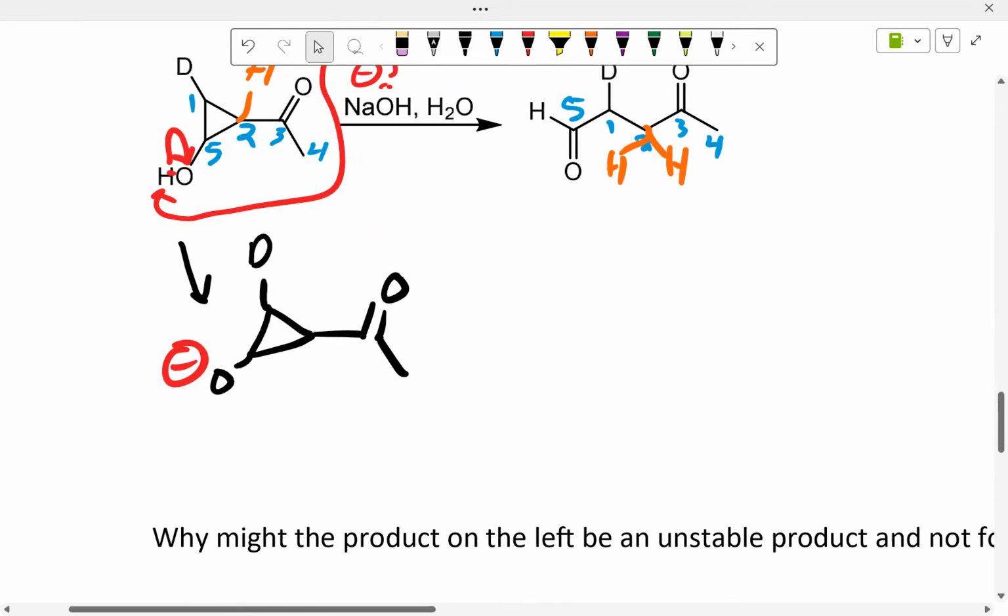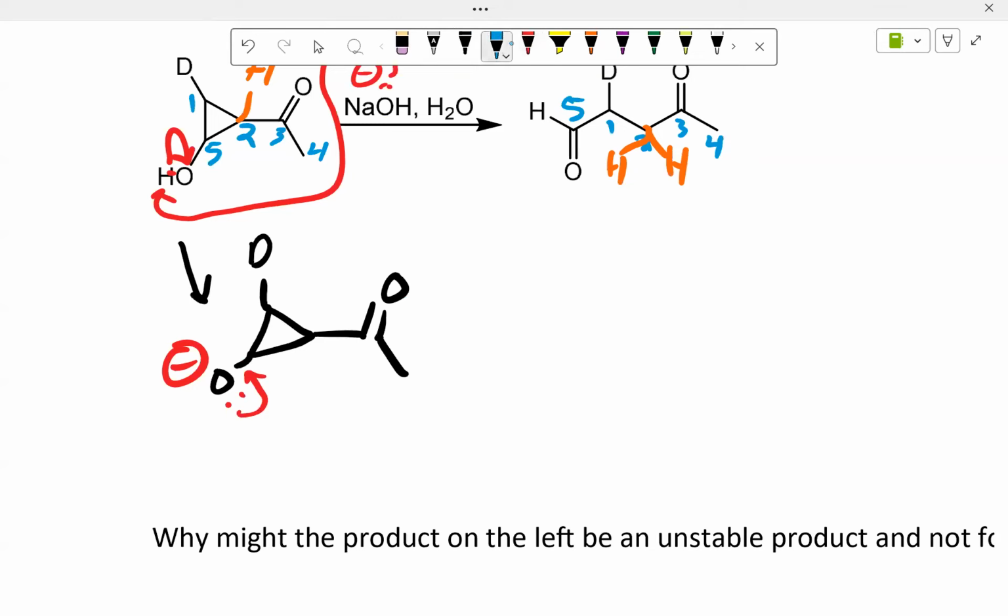Normally, if we have a negative charge, we can just do an acid quench and take a proton. But that would just send us back that way, so that's not going to help. What's another way to solve for the negative charge? Well, really, the only way is to form a bond. If we're not forming a bond with a hydrogen, then we can form a carbonyl.